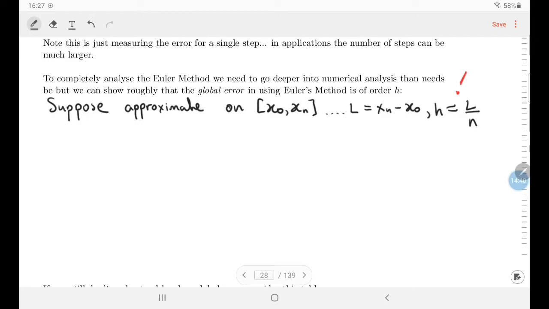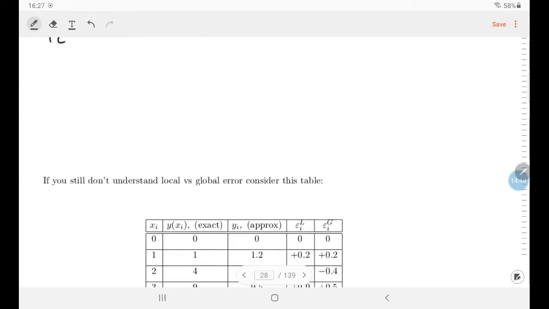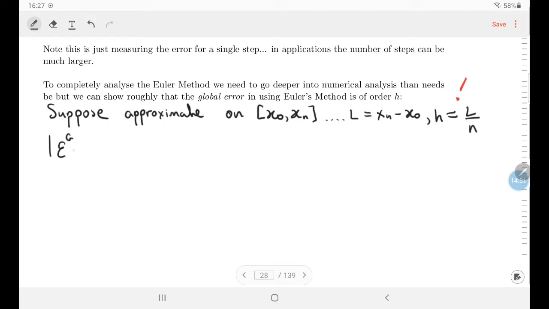So the global error at the end is equal to the sum of the local errors.